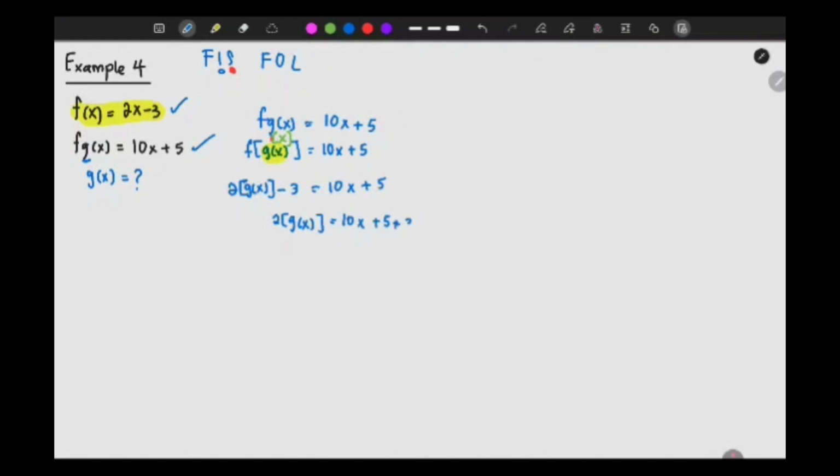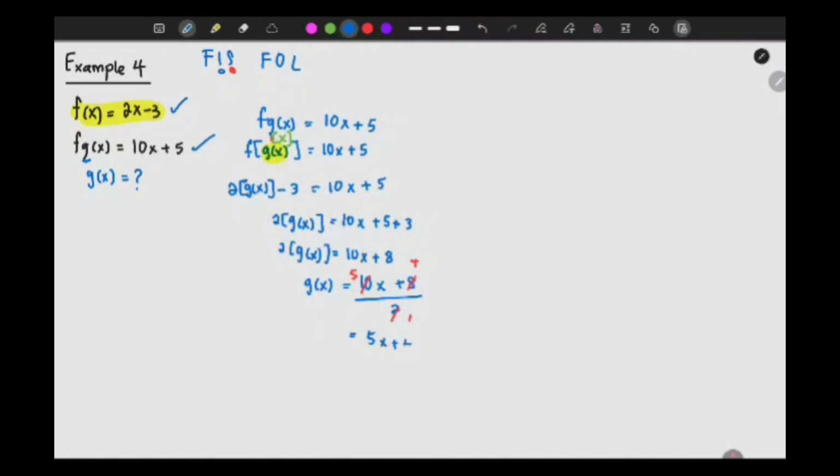So your g(x) is times 2, right? So bring this side, become divide by 2. So 10x plus 8 divided by 2. Cut. Simplify them. It's 5, 4, 1. So you'll get 5x plus 4. This is your g(x). Ta-da! This is way easier compared to the letting y.